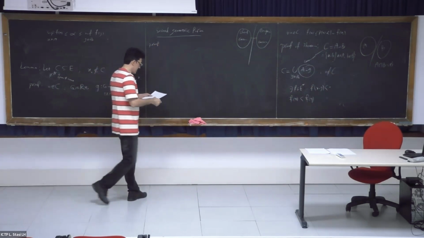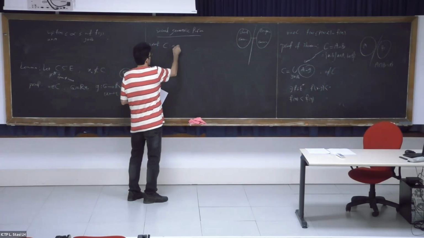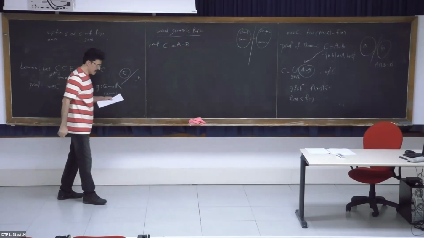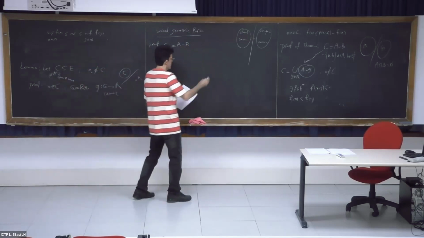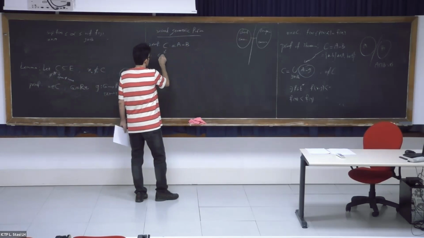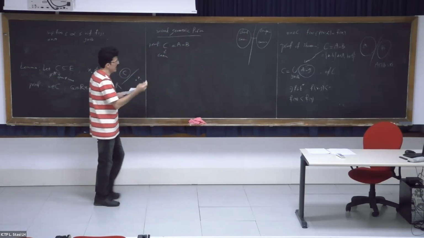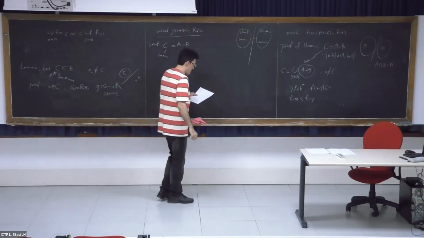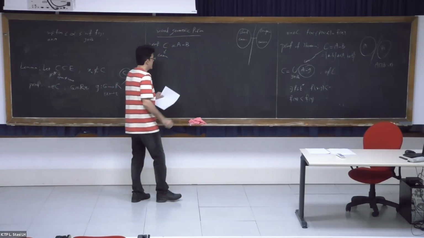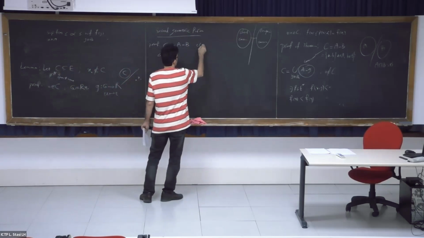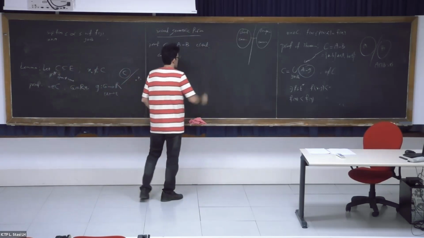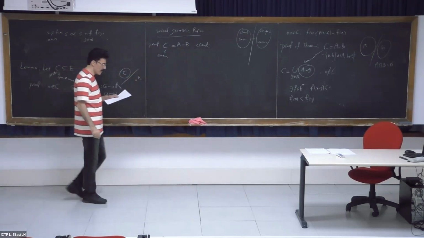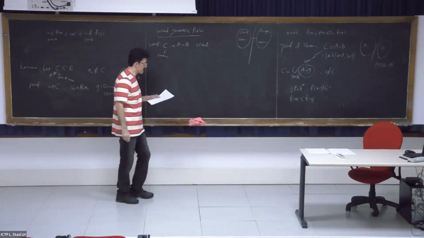Set again C as A minus B like before, and C is again convex because A and B are convex. And here we have a new property for C, that it is closed. Why is it closed? Because it is the difference of a closed and a compact set.